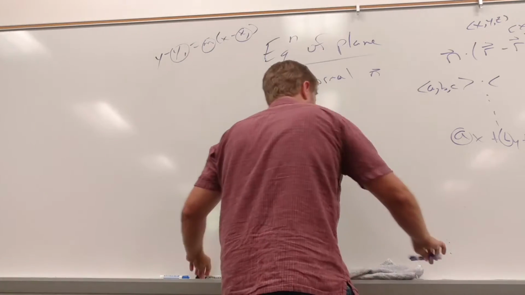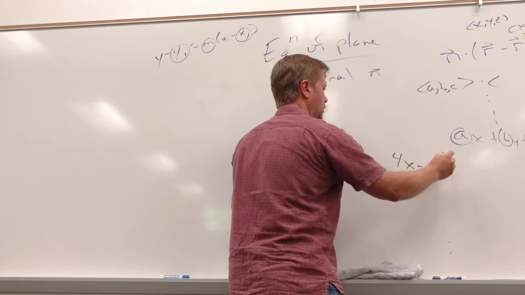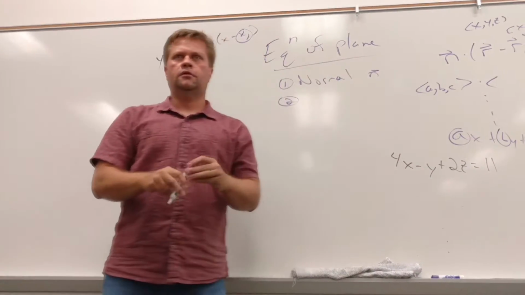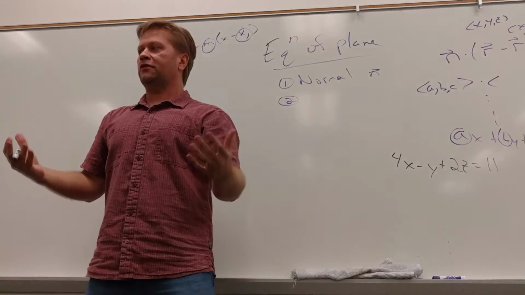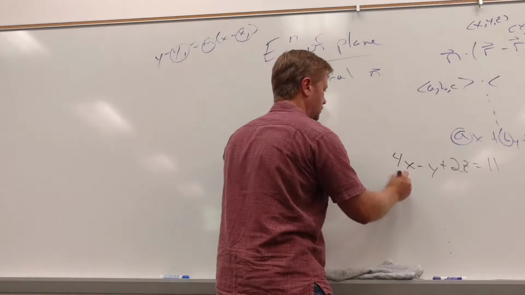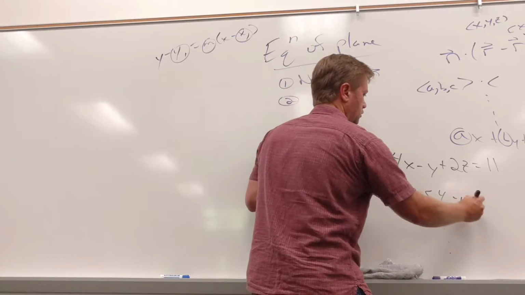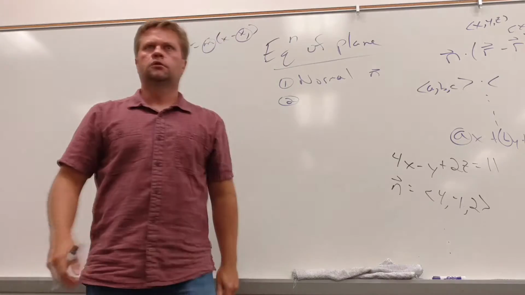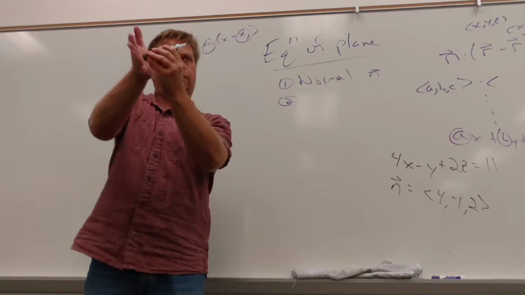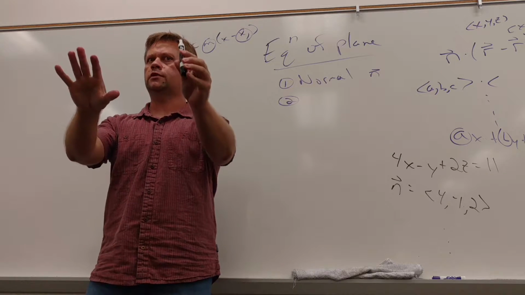I remember when I was a student, when I learned this, I said, okay, so this equation here, I knew more about that plane than I ever thought I knew. Now you can look back and go, well, what was the normal vector for this? 4, -1, 2. I love it. So that would be perpendicular to every vector in that plane. That's almost too nice to believe.